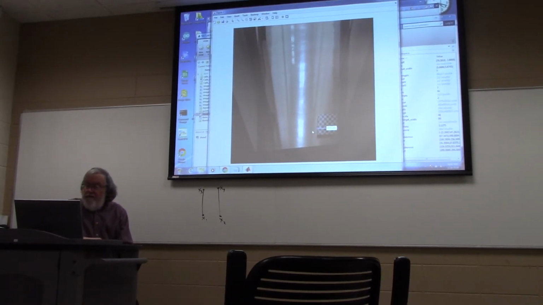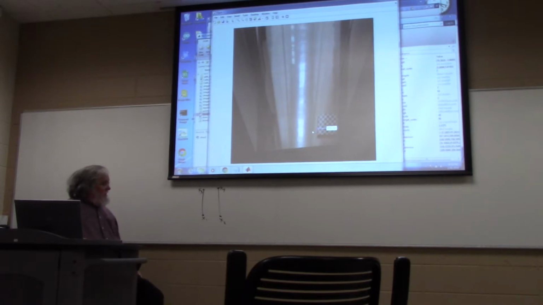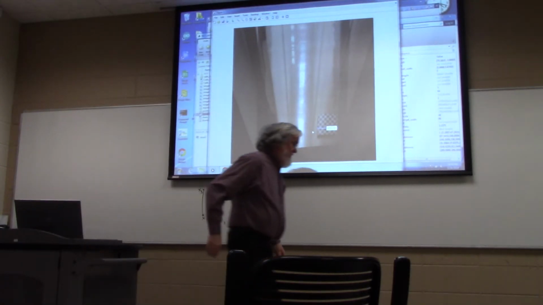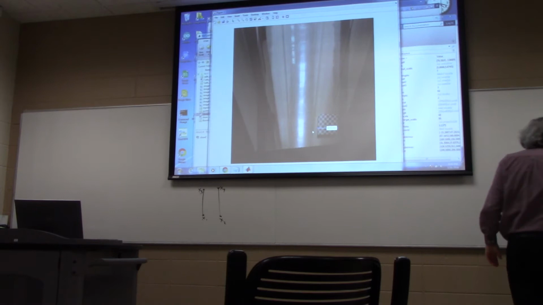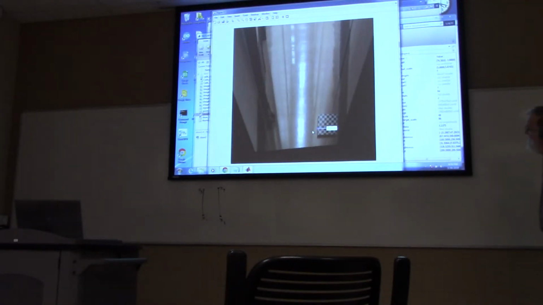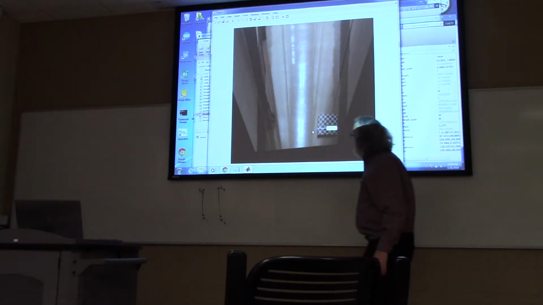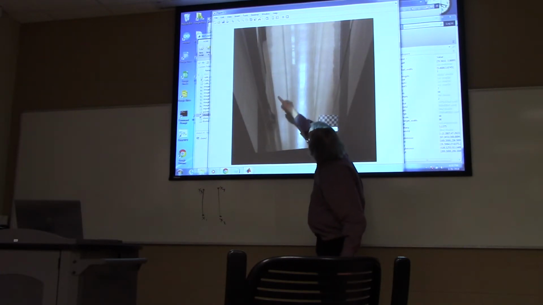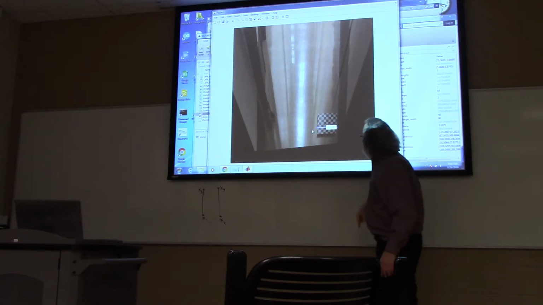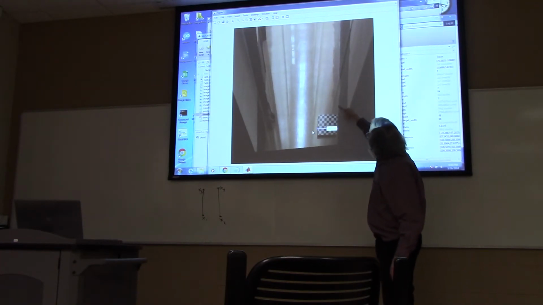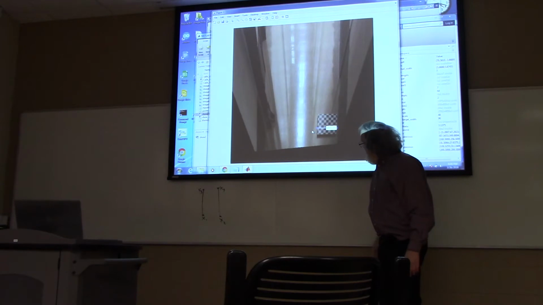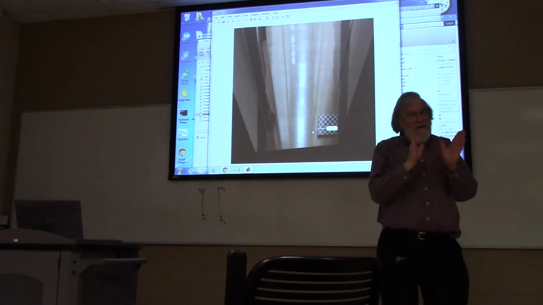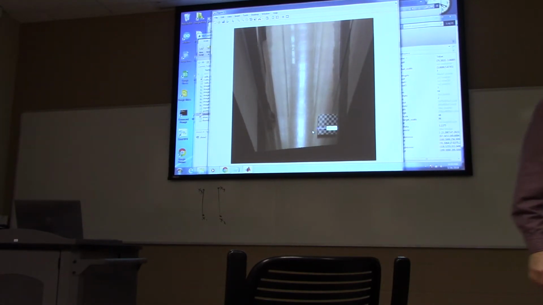Hard to tell how perfect this is. The question is whether here's the edge of the hallway, at least as much as I can see. I can see a little bit up there too. Here is the edge of the hallway along there. It might be diverging just a tiny little bit there.